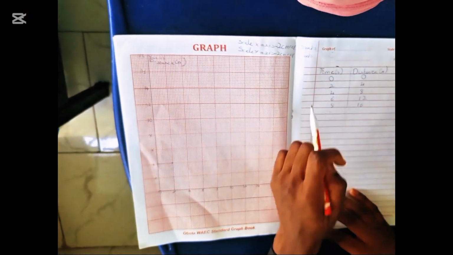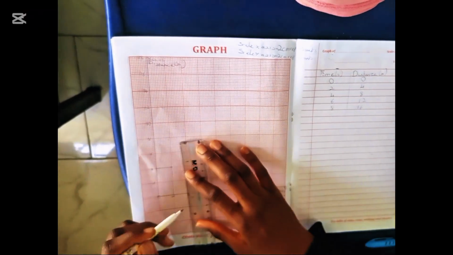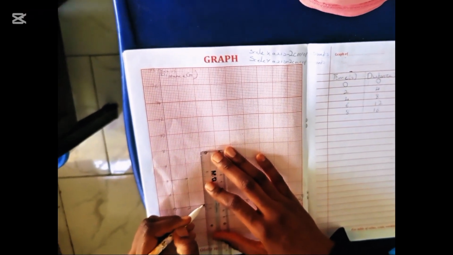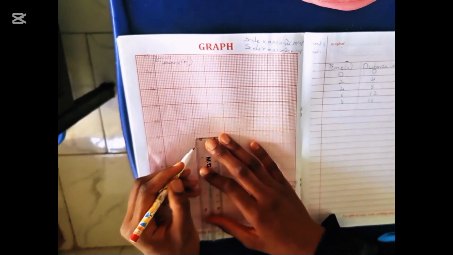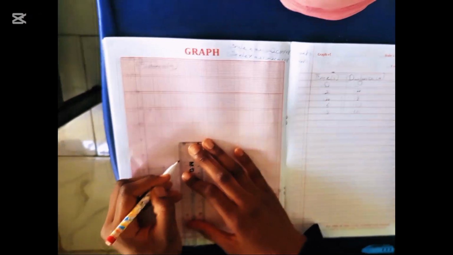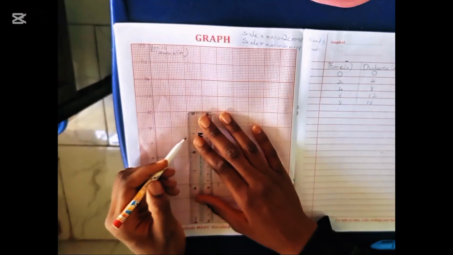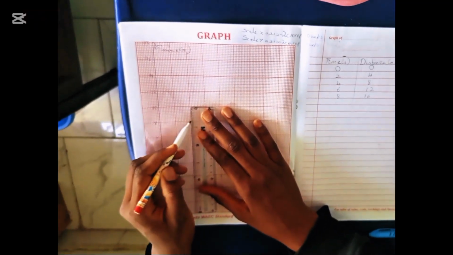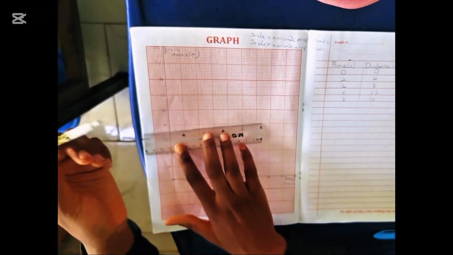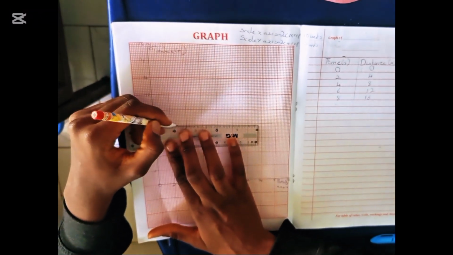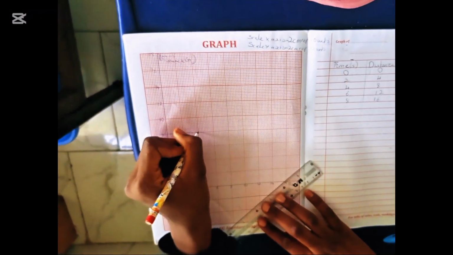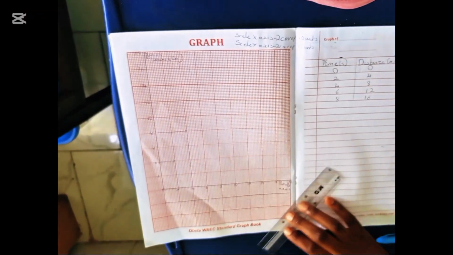Then the next point we have is 4 and 8. Also put a little point where they also met.